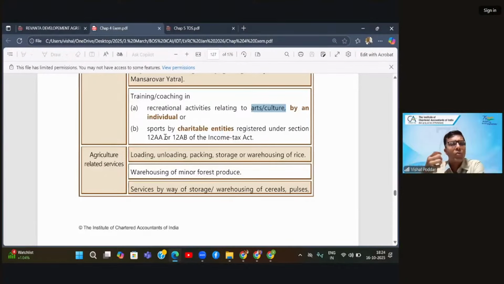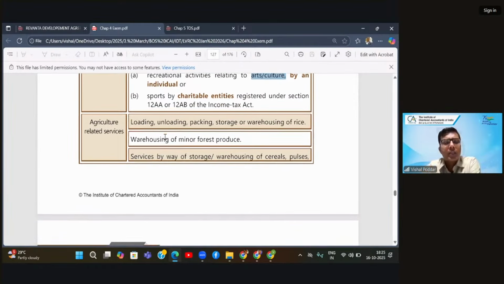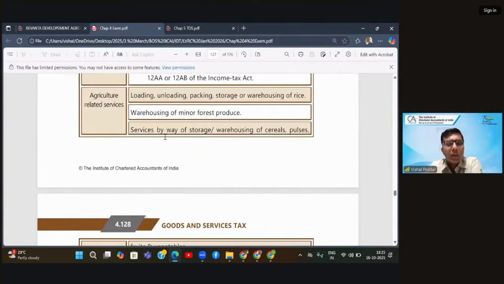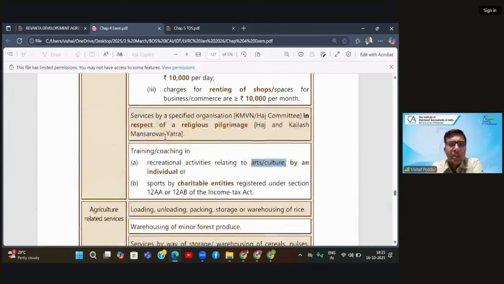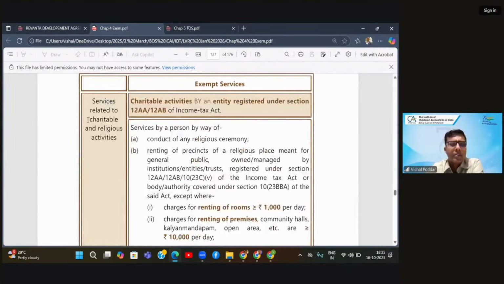If you are trying to learn how to play the sitar, that is part of this. If you are taking coaching in Bharatanatyam or Kuchipudi dance, all these are covered here. The fees for such training or coaching is exempt. So these were the charitable trust related services. Again, this word is very important: charitable activities.